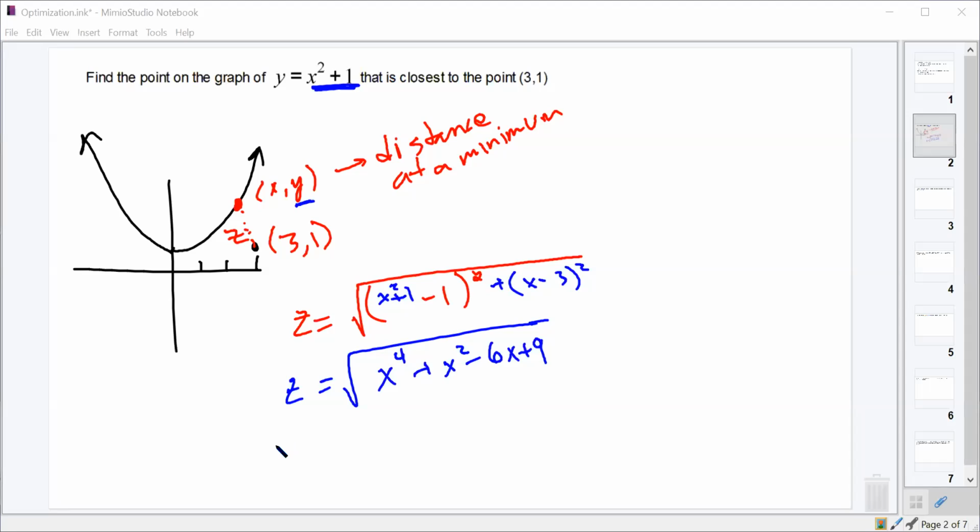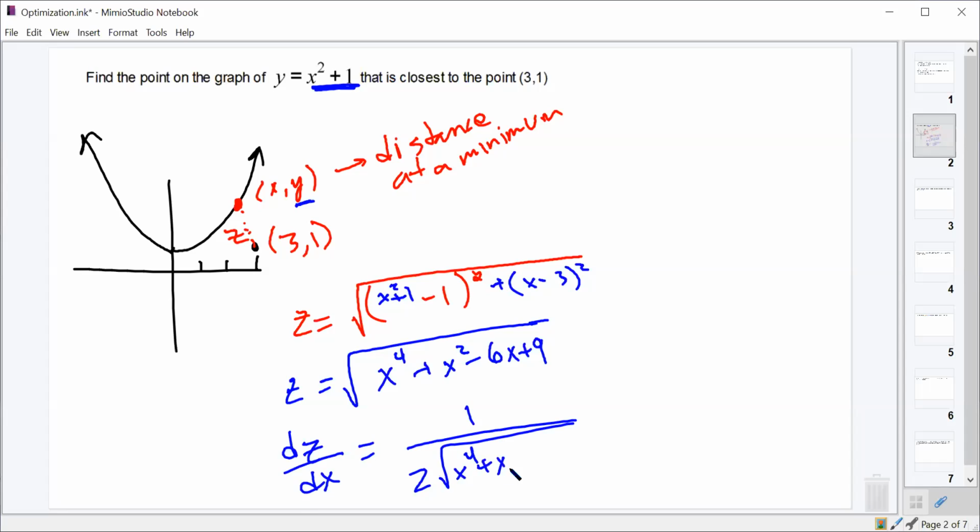Figure out when it has horizontal tangent lines. So dz/dx, our derivative should be 1 over 2 root (x to the 4th plus x squared minus 6x plus 9) times the derivative of that, which is 4x cubed plus 2x minus 6. Good or no?